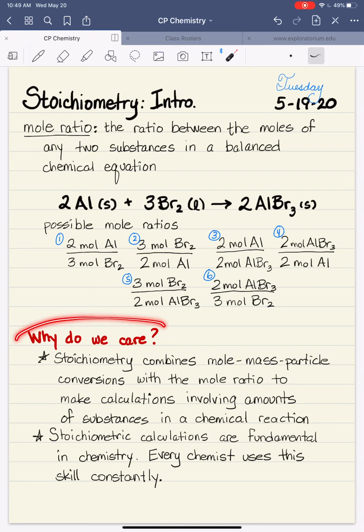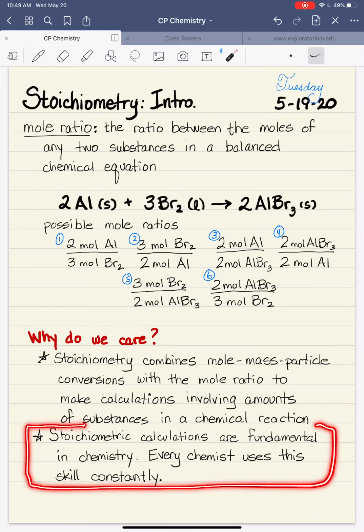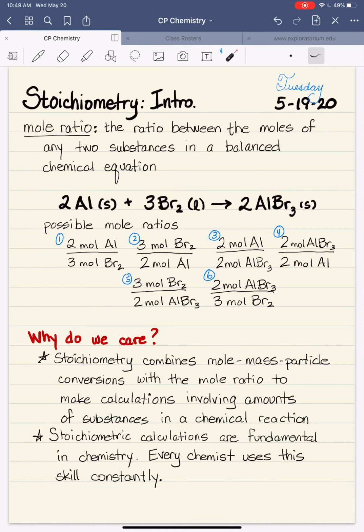So why do we even care about this? Well, first of all, and maybe I should have put this first, stoichiometry is a fundamental skill in chemistry. You cannot go further in chemistry without learning how to do stoichiometric calculations. The good thing is they're actually quite easy once we get the hang of it.